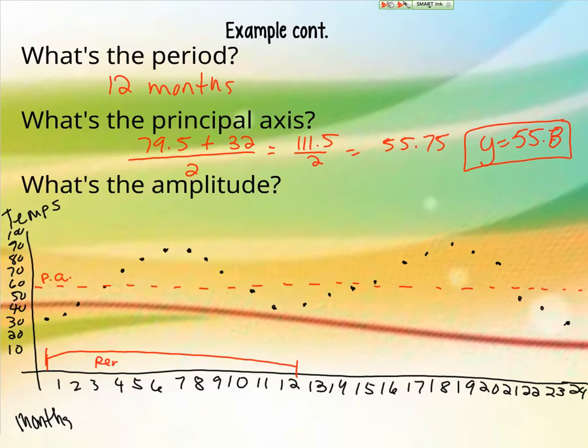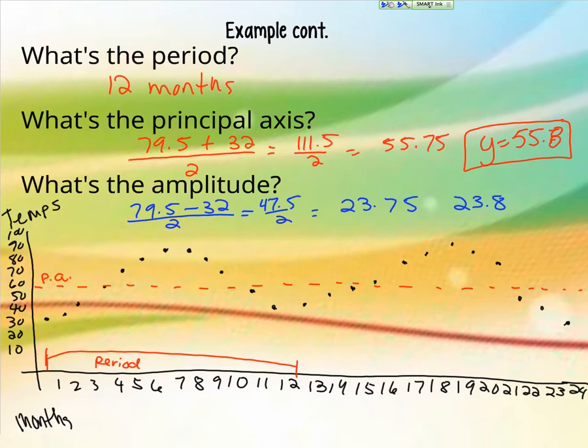So we talked about the period and the principal axis. Then for amplitude, remember, we have to subtract those. So it's 79.5 minus 32, divided by 2. So 47.5 divided by 2 is 23.75, or 23.8.